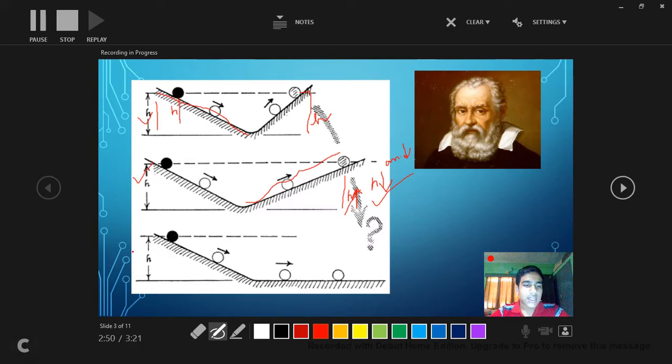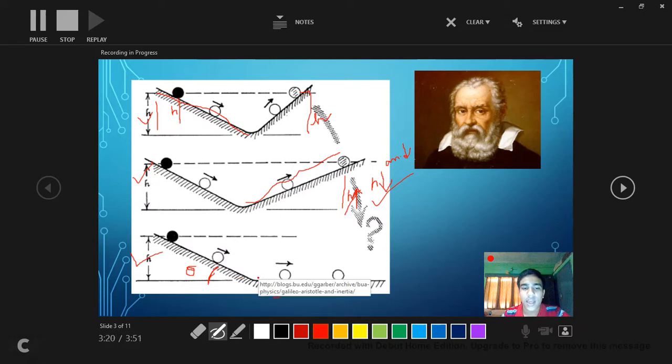Now the third type of experiment: here a certain angle theta is there, but here you can see there is no angle. That means it is a 0 degree angle; the surface and the inclined plane match. So it can never reach the same height. This ball will roll forever because it will never reach the same height.